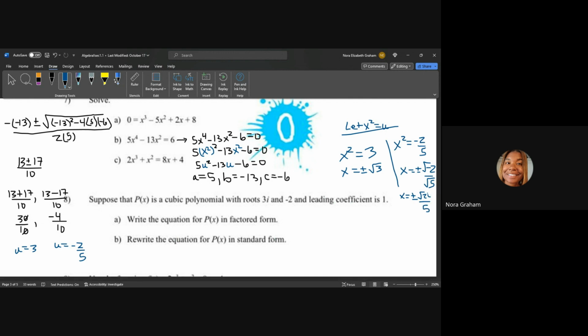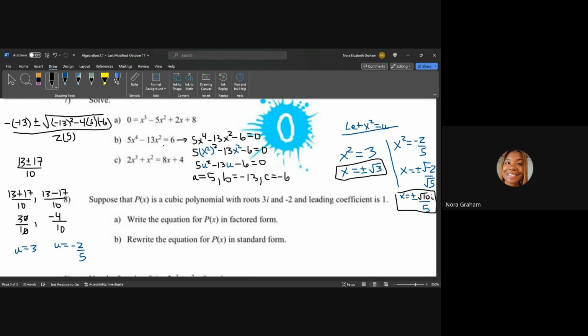Square root of 5 times square root of 2 is going to be square root of 10. Again, for time's sake, if you want a little bit more detail on what I did there, put something in the comments and I can show you step by step how I got that square root out of the denominator and brought it up top, and how I got that i. Okay, so these are my 4 roots.